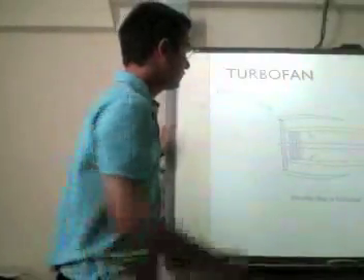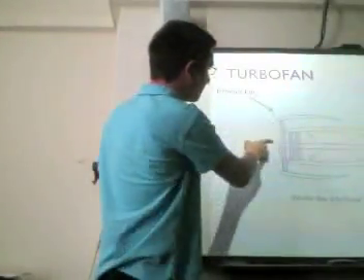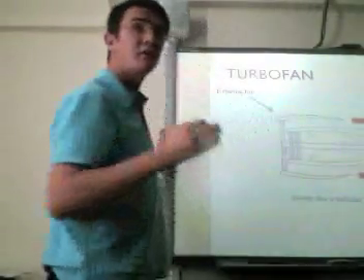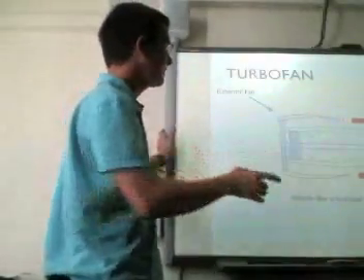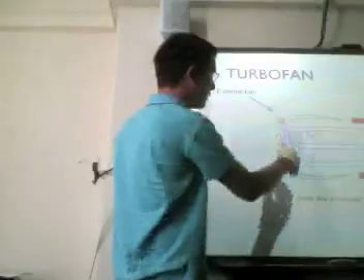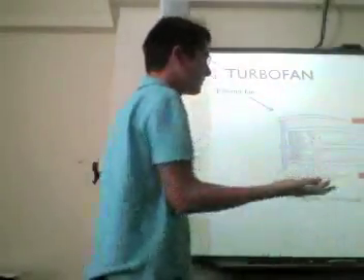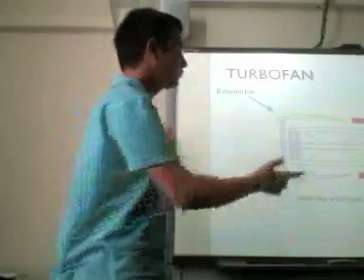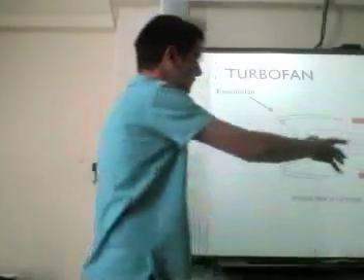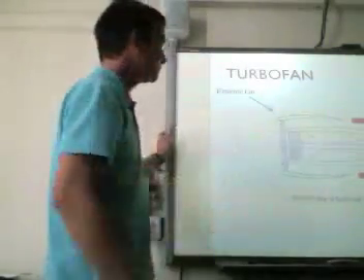The main shaft drives this external fan, and 85% of thrust is produced by what we call the cool stream. I mean that thrust is produced just by cool air, so it's clean air. And only 15% of thrust is produced by the exhaust gases. So it's a clean engine.